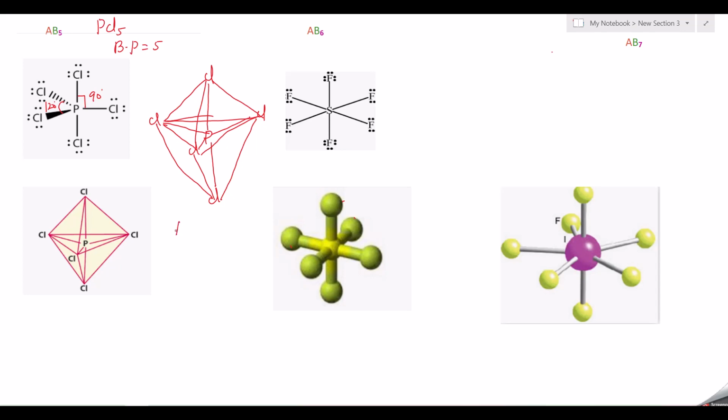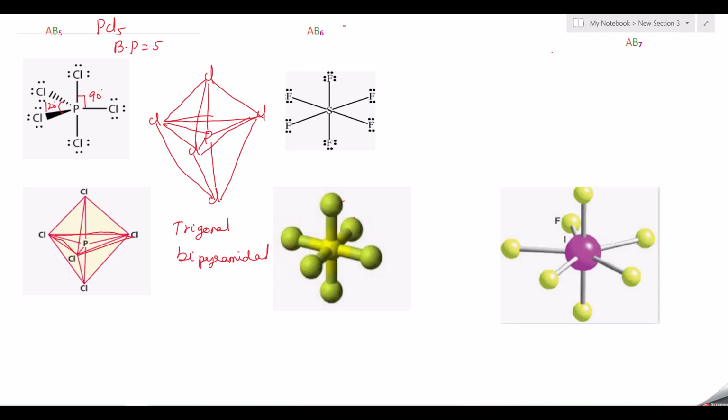So the shape of this molecule is trigonal bipyramidal. You have two pyramids. So you can see this one: you have the center, this trigonal shape, then one pyramid at the top and another pyramid at the bottom. So you have trigonal bipyramidal shape. And you have two different angles, 90 and 120 degrees.